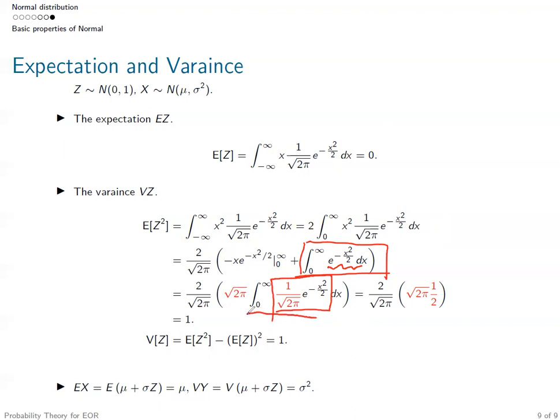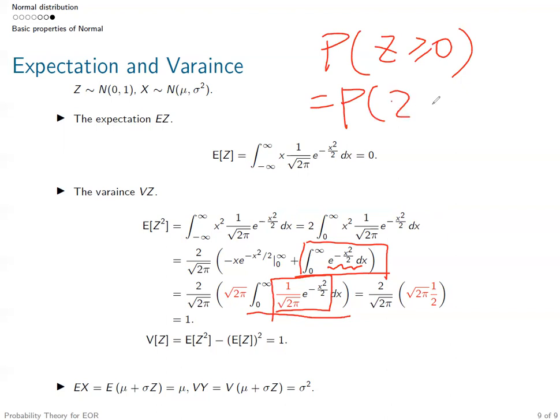And what is this integral value? This is essentially the probability that Z is larger than or equal to 0.